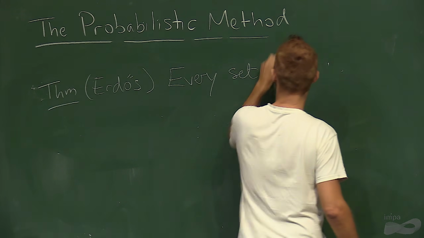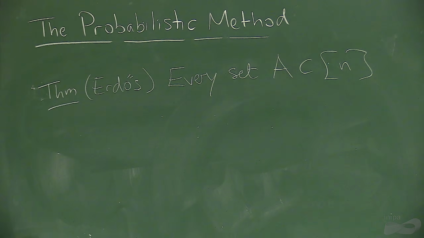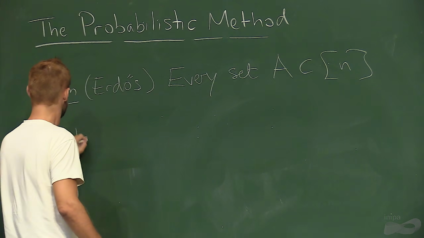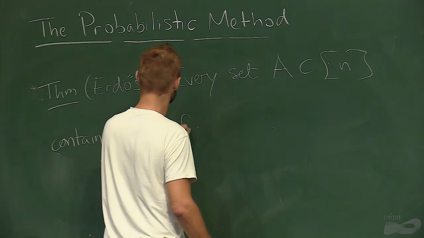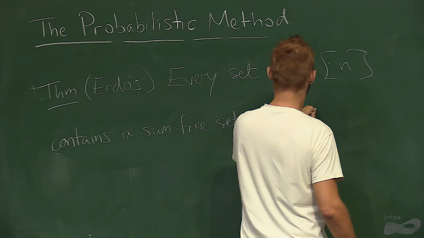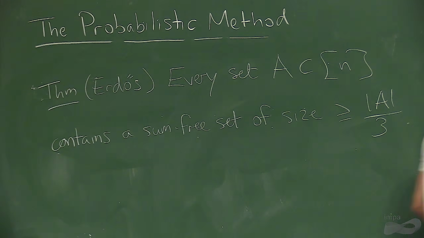Every set A, a subset of 1 up to n, contains a sum-free set of size at least |A| over 3. What is a sum-free set?